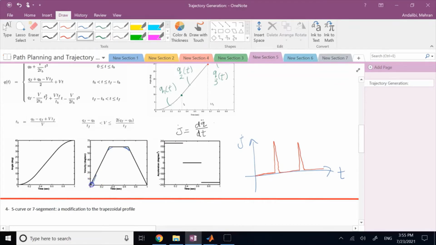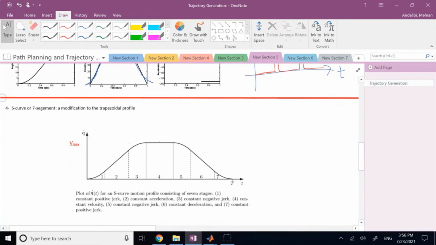So you go with the parabola here, a line, another parabola, straight line, parabola, then you go straight line, and then again you go with another parabola. Okay, so this kind of smooth version of this trapezoid is what we call S-curve, which you can see here.